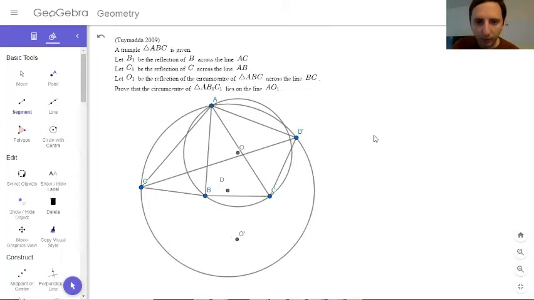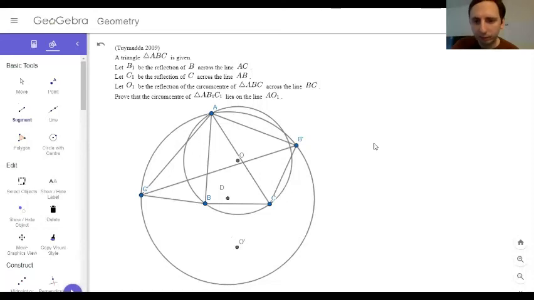B C prime O and B, they're congruent, and B C O prime. No, I don't think so. But there might be other congruent triangles.